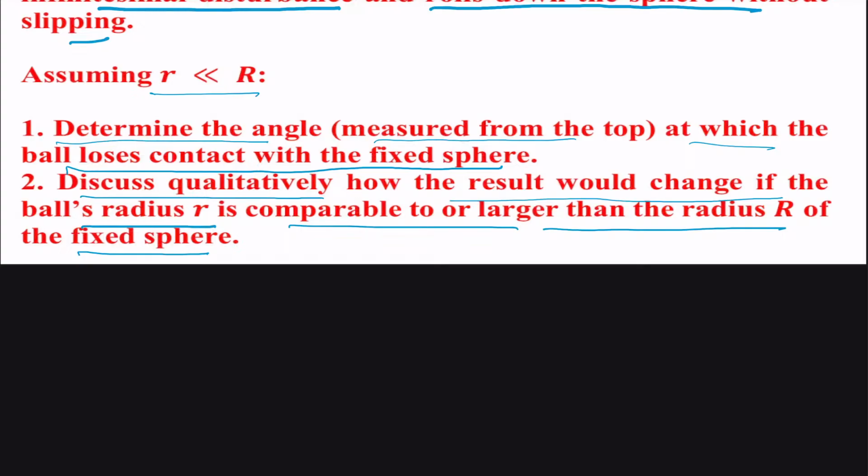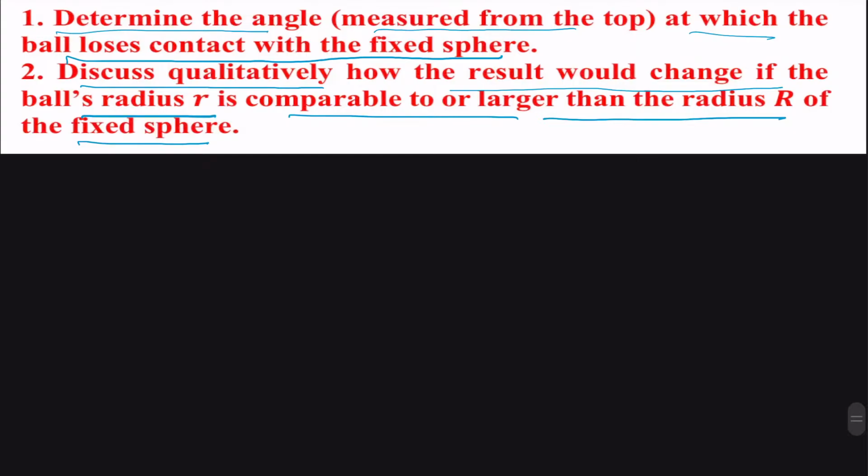So in this case, we are supposed to find out the angle of loss of contact, and that we can know if we put normal is equal to 0, and that solves our purpose.